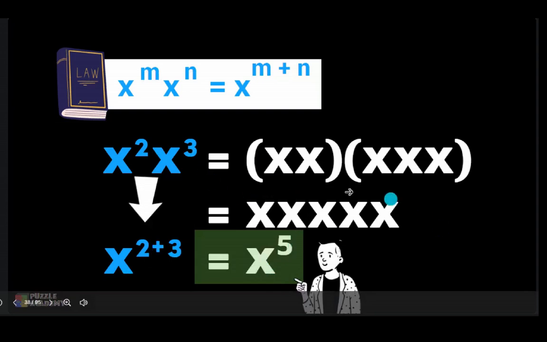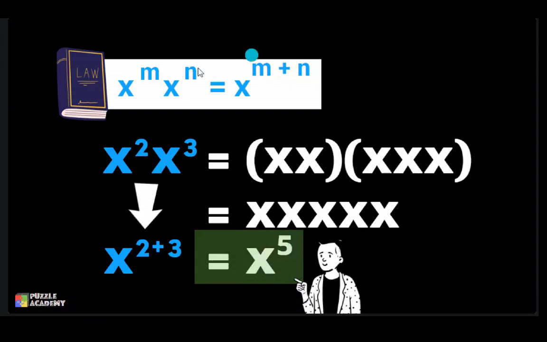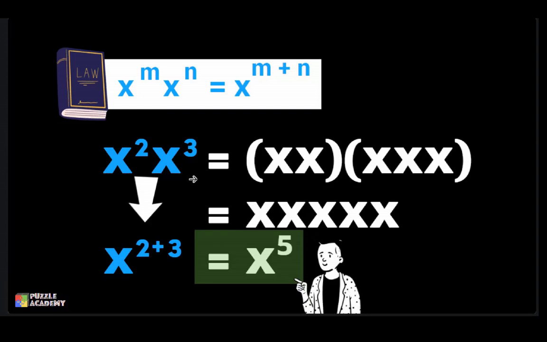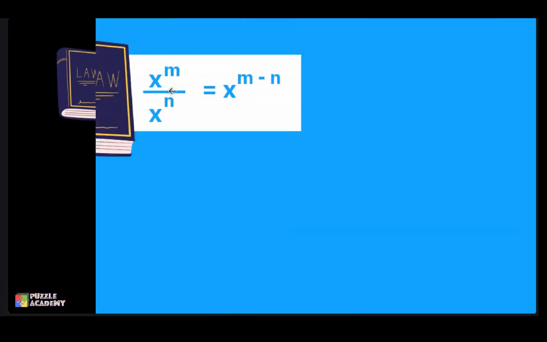So, in other words, pwede palang gawin natin tong law na to nang hindi natin sinusulat itong mga x na marami dito. Okay? So, basically, x raised to 5 can be written as x raised to 2 plus 3, which is x to the 5th power. Okay? That is the first general rule. The product rule of the exponent.